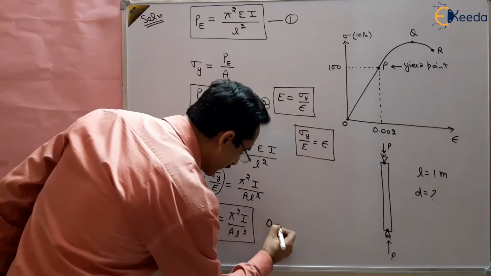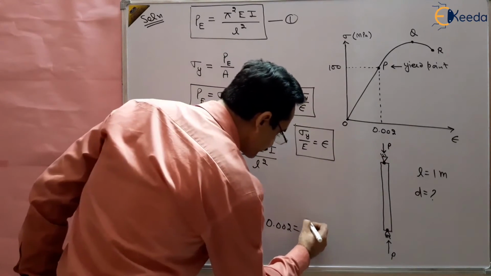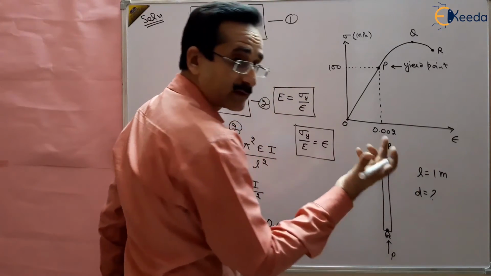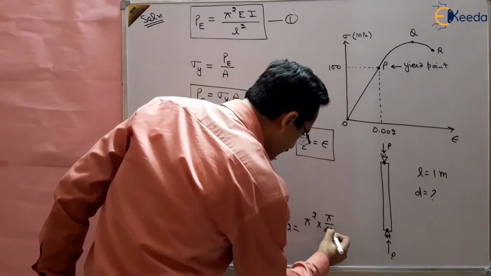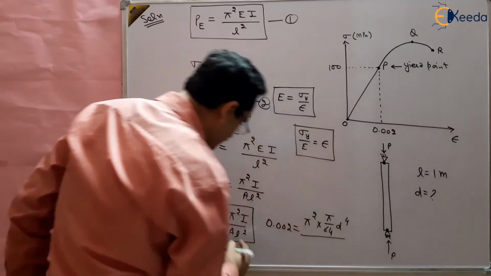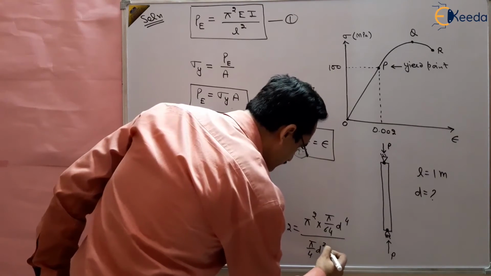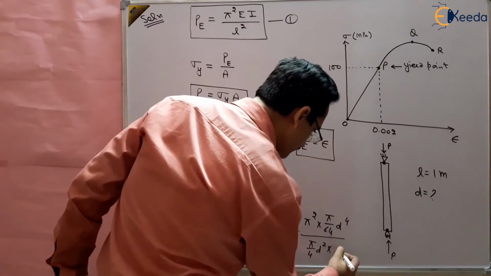We can put the value 0.002, pi square, I. We have to find out the diameter, which means it is a circular section. For a circular section, the moment of inertia is pi by 64 d to the power 4, upon area, which is pi by 4 d square, multiplied by L, given to us as 1 meter, so 1 square.